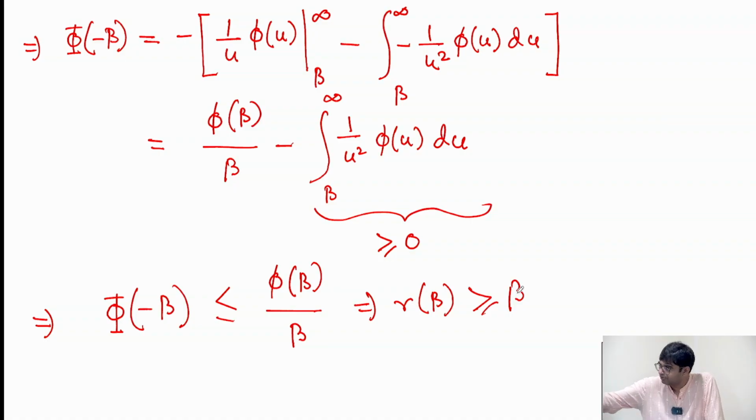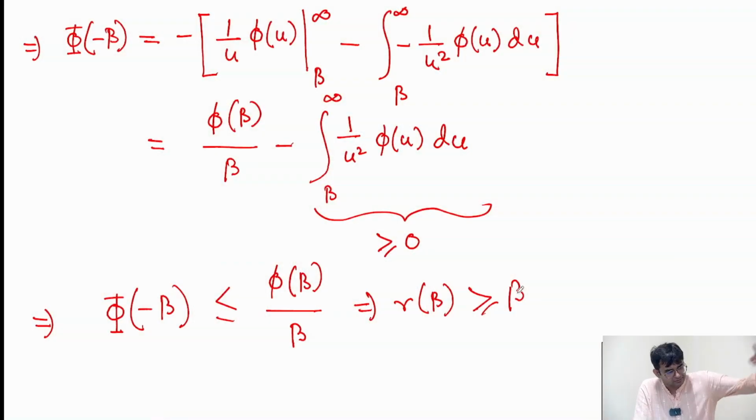Because small phi of beta divided by capital phi of beta is R of beta from the definition, right? And you can take the beta to the other side, so that less than will become greater than. So this I can get, okay? So at the very least you can understand this is the lower bound of R of beta, right? Now this lower bound I can always take, but I need to quantify how much error is coming into the picture because of this lower bound, okay?